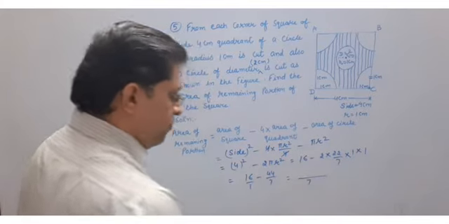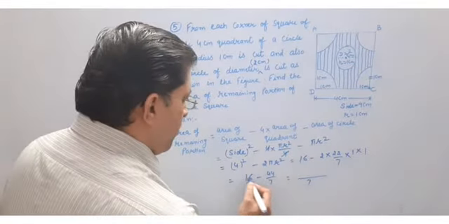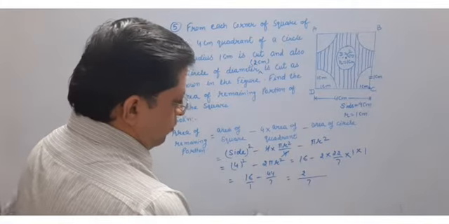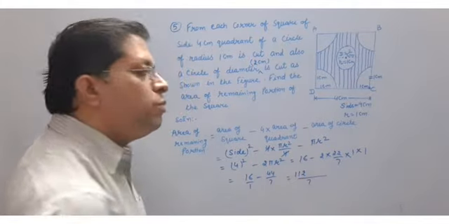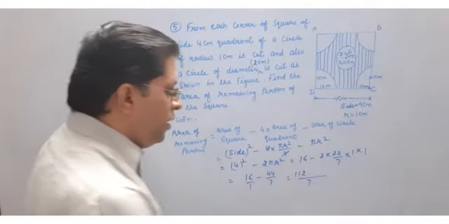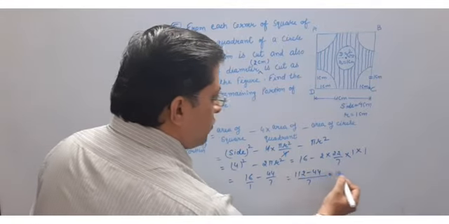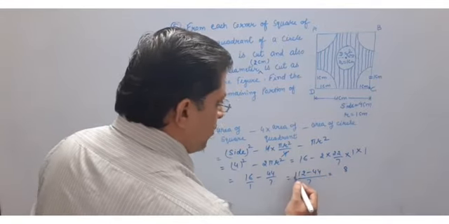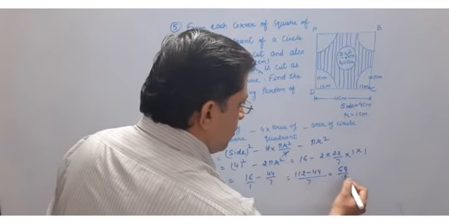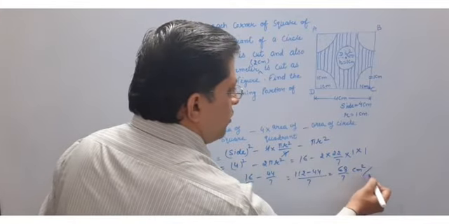Take LCM, 16 into 7, which is 112, minus 44. Then 12 minus 4 is 8, and 10 minus 4 is 6. So the answer is 68 upon 7 centimeter square. This is your answer.